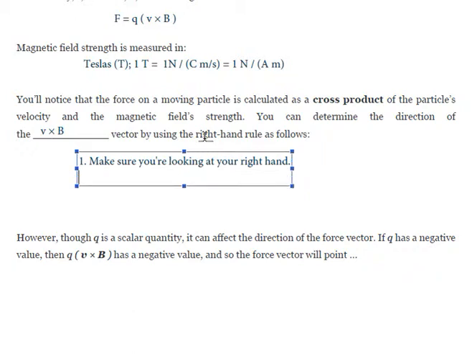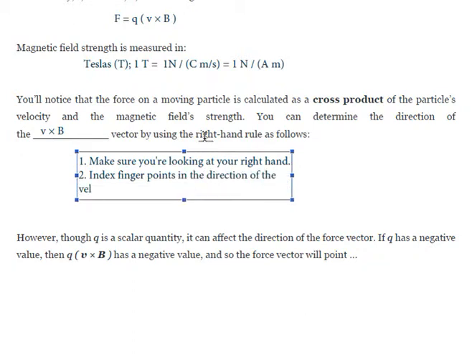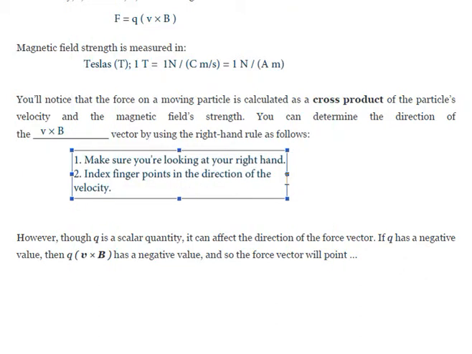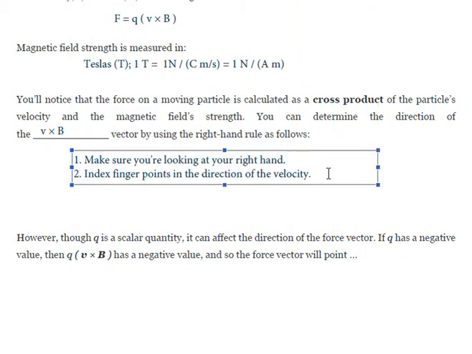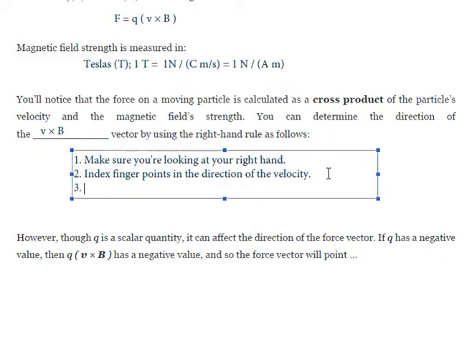All right, next step, take your index finger of your right hand, and that's going to point in the direction of the velocity. So index finger points in the direction of V. Next step, your middle finger will point in the direction of the magnetic field.